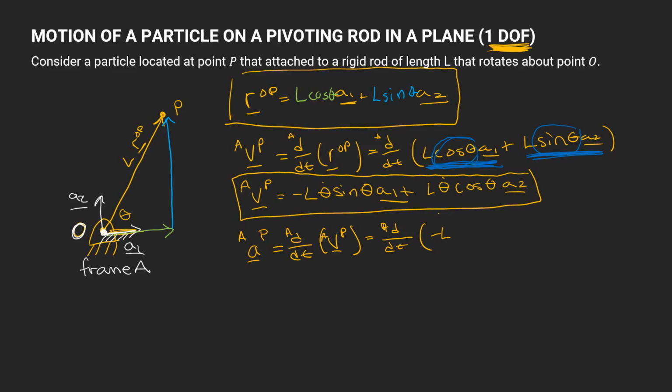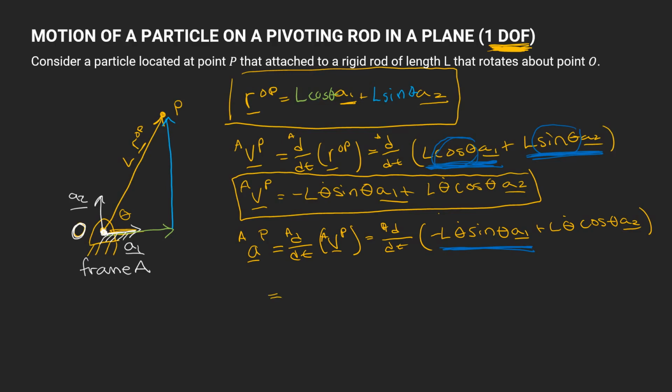We have negative L theta dot sine theta A1 plus L theta dot cosine theta A2. Again, we're just going to break up the terms just because it's easier to deal with. So we're going to focus on this first term here and taking that time derivative.